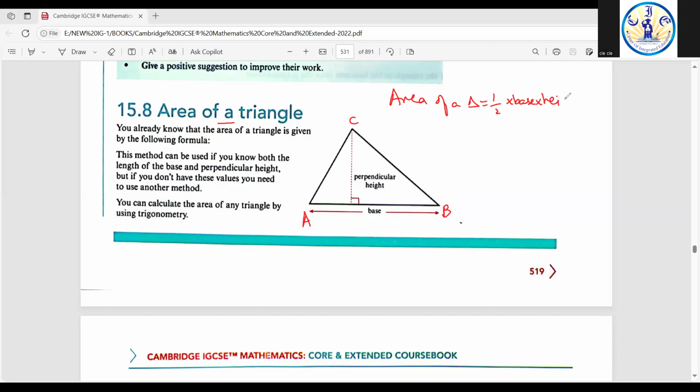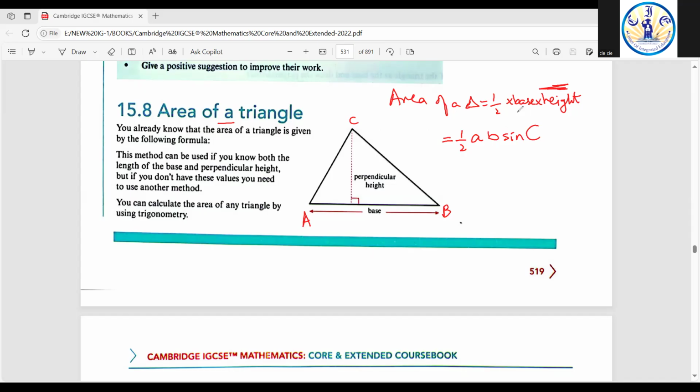But when we are given an angle also, and the triangle is going to have any two sides, the adjacent sides, instead of having this height, the perpendicular height of the triangle, then we can use another formula, and that formula is half times a times b sine of c.